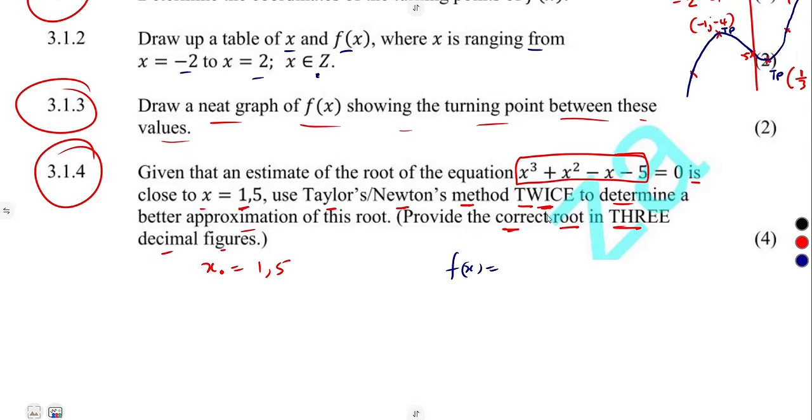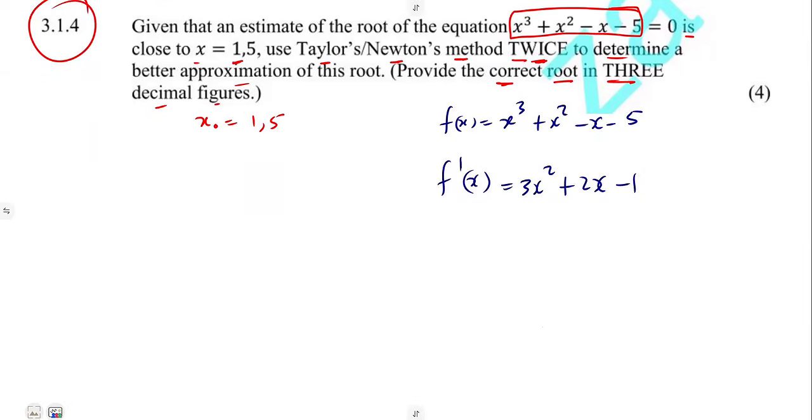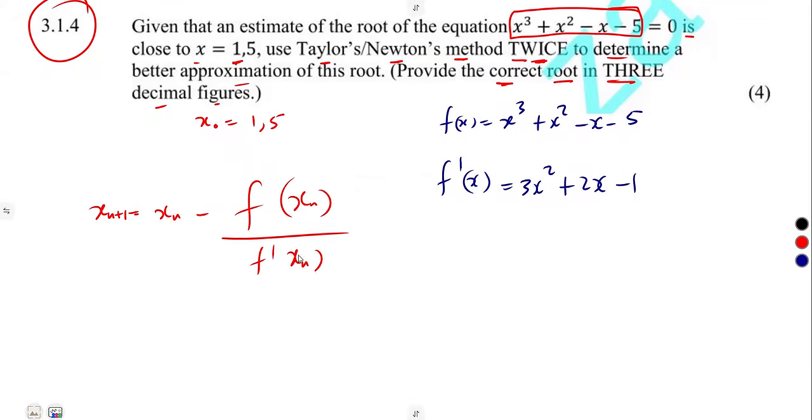So our f of x is x cubed plus x squared minus x minus 5. And its derivative is 3x squared plus 2x minus 1, remember? So our Newton's or Taylor's method states that xn plus 1 is equal to xn minus f of xn over the first derivative of xn.